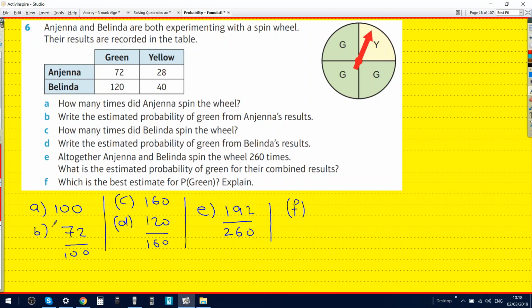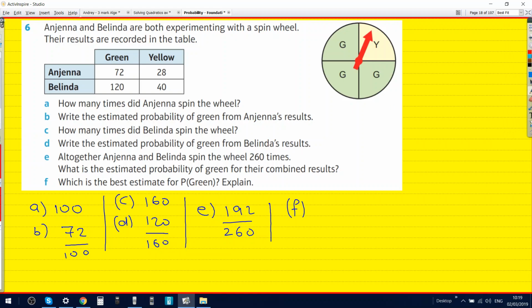So this one, Jenna did it 100 times. Belinda did it 160 times. So which of those will give you the more accurate result? Would it be Belinda's? Why is that? Because she's done it multiple times, so she'll get a better result. Exactly. So Belinda did it more, so hers will be more accurate.